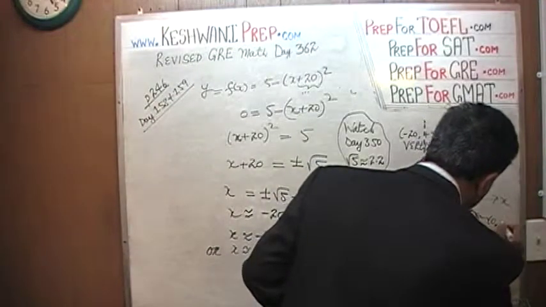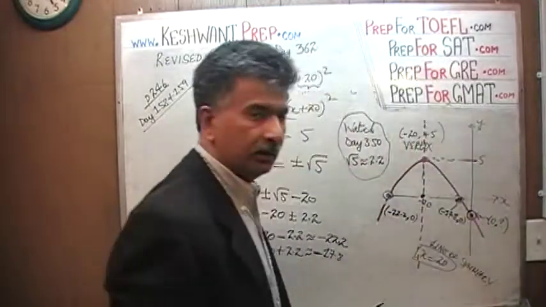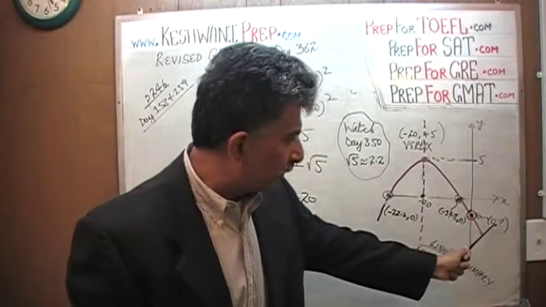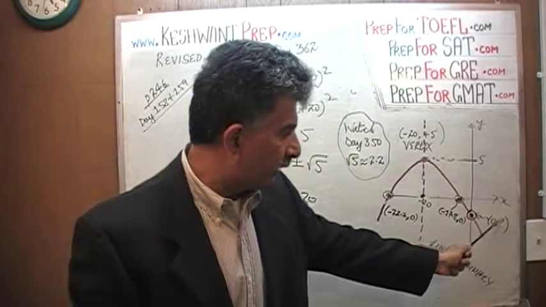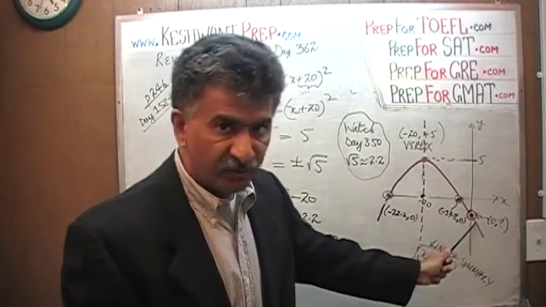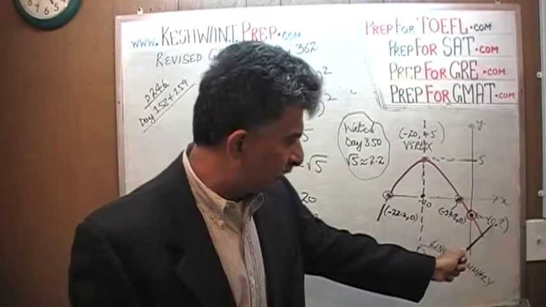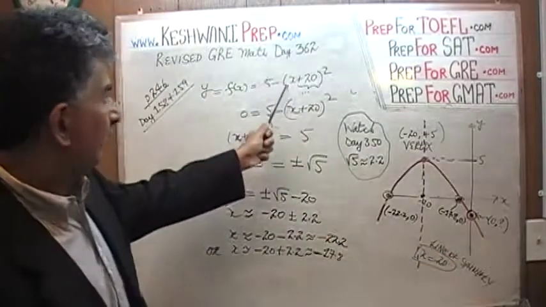We know that. But what is the y-coordinate? We have to find that, and it's very straightforward, because all we have to do is substitute x equal to 0 in this equation.